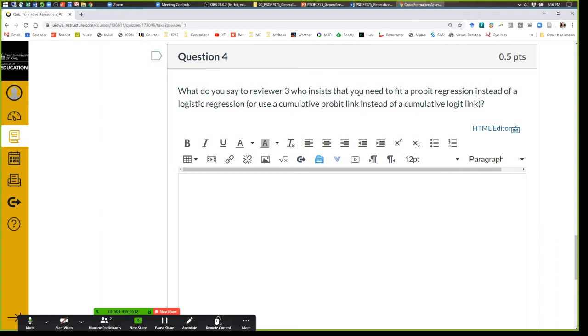There's one that is the practical use argument and another type of argument you can make based on empirical data. Most of you mentioned shades of the first one. So what did you say? How do you answer reviewer 3? What's the difference between probit and logit? 1.7, yes. Yep.